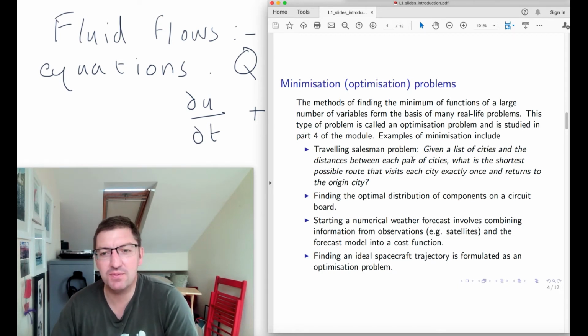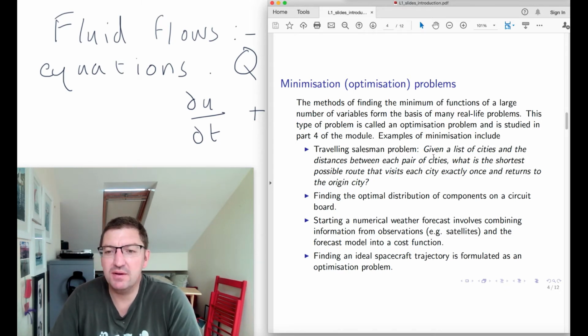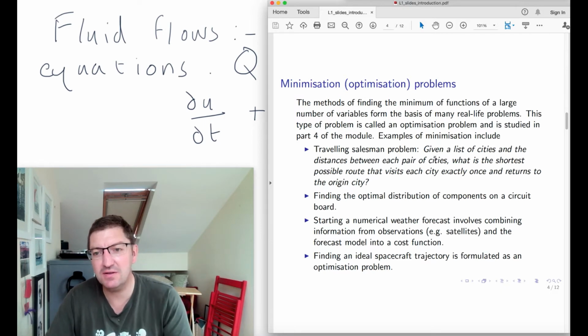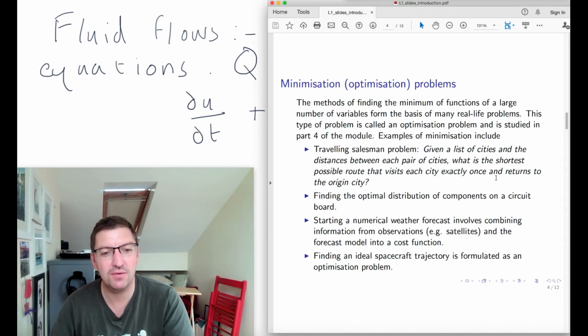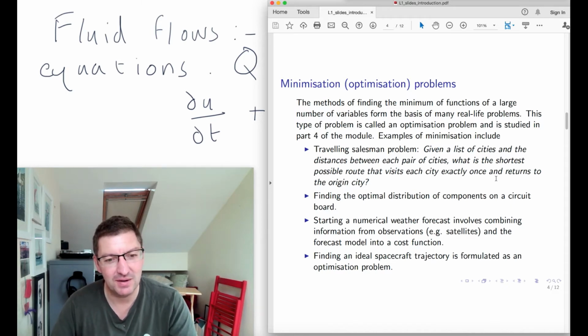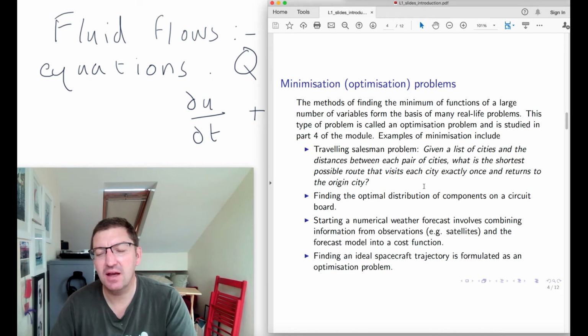First one is a traveling salesman problem. We don't cover this in this module, but it's kind of a classic problem in computer science. And it says, if you've got a list of cities and distances between each pair of cities, what is the shortest possible route that visits each city exactly once and returns to the original city? So it's a model route finding problem, and that's an example of an optimization problem.